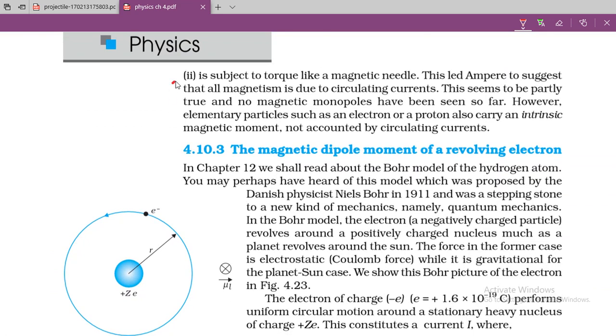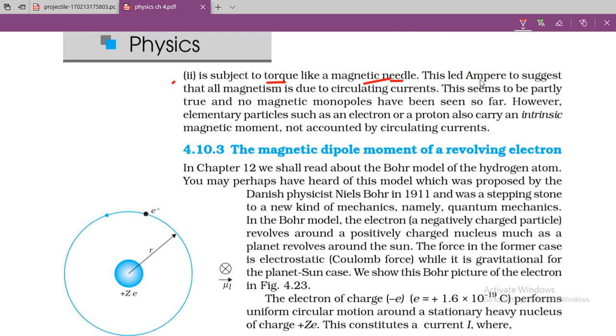And second point is, this current loop is subjected to a torque like a magnetic needle. So it means this loop behaves like a magnetic needle because it experiences torque on itself.